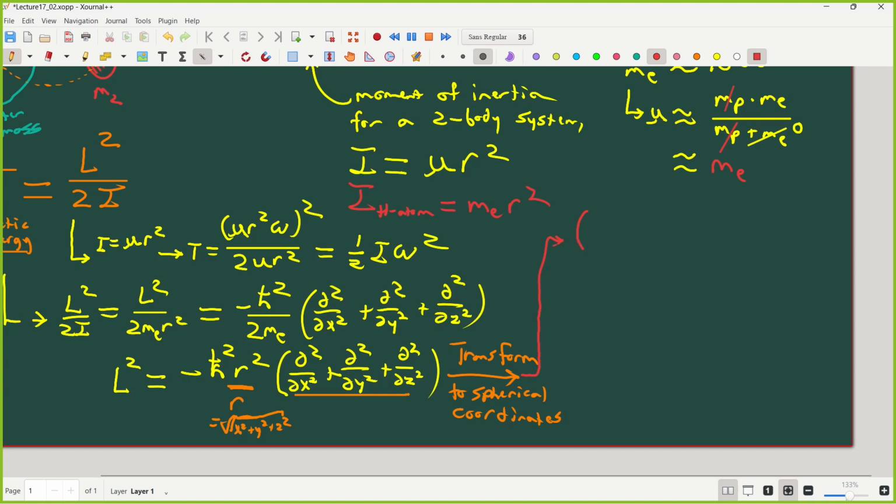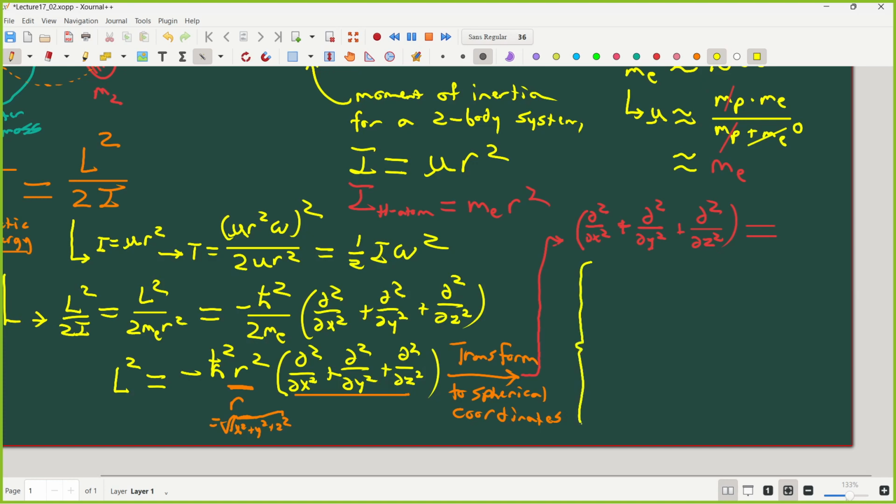What I want to do in particular is convert just the derivative part of the expression into spherical coordinates. That's the problematic part. The rest of it is written in terms of r. So what we need to do is get rid of the x, y, and z, and change this into our spherical coordinates.